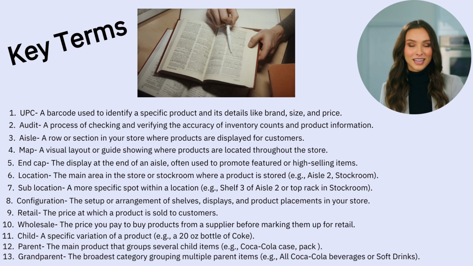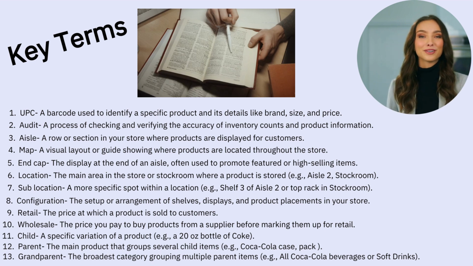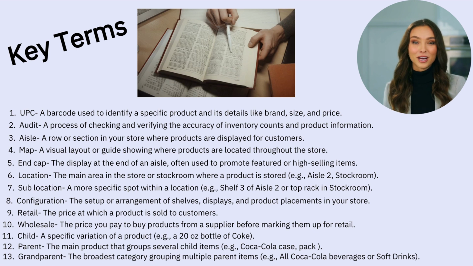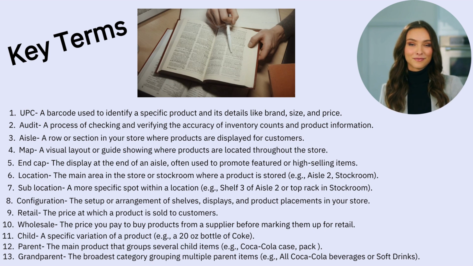5. End cap, the display at the end of an aisle, often used to promote featured or high-selling items. 6. Location, the main area in the store or stockroom where a product is stored, for example, aisle 2 stockroom. 7.